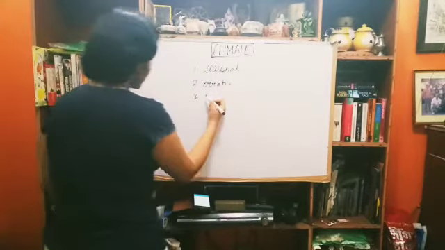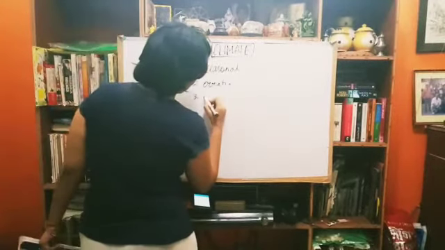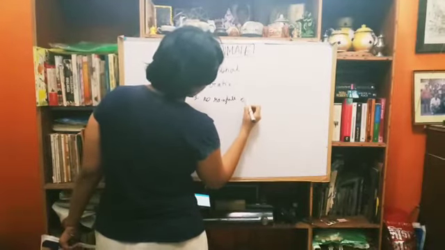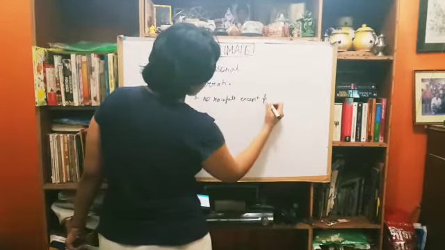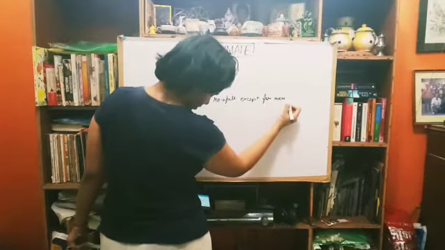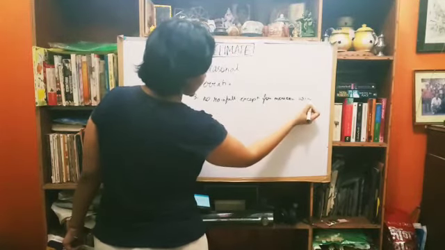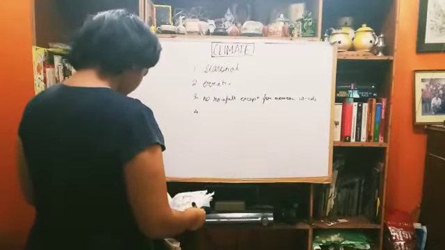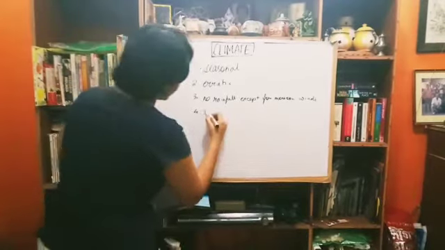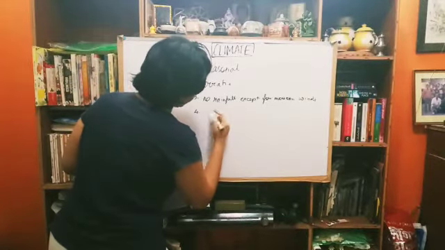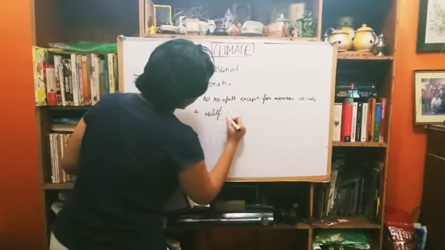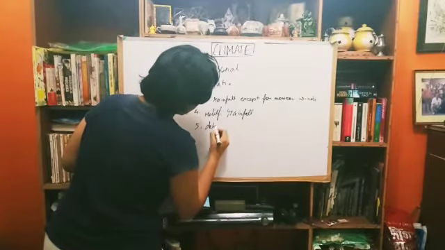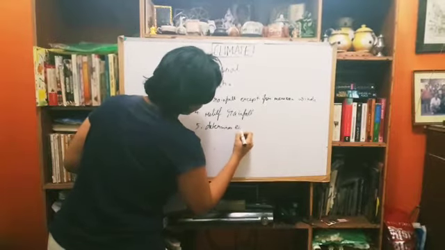Number 3, there is no rainfall except for the monsoon winds. And the last one is that we have relief type of rainfall, relief rainfall, and it determines economy.